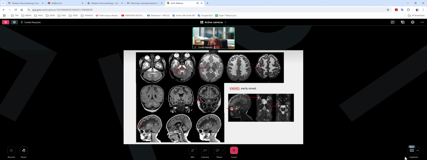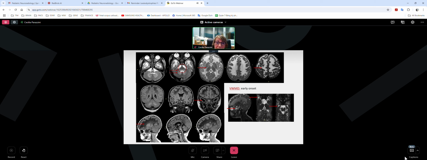As you can see here, there is a typical tigroid pattern, and also infratentorial white matter, in particular cerebellar white matter and middle cerebellar peduncle white matter, is involved. Infratentorial white matter may have less cystic degeneration with respect to supratentorial white matter.